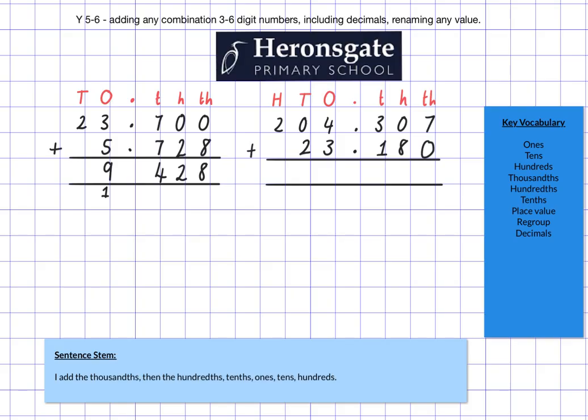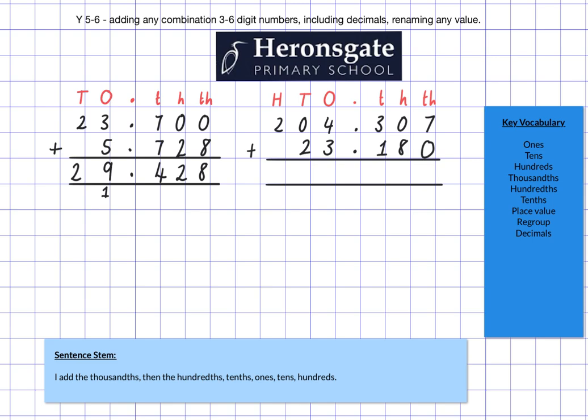And then we have 2 tens, add no tens, so that would be 2 tens. So we have added the decimal of 23.700, add 5.728. And we have found, let's put that decimal point back in, the answer is 29.428.